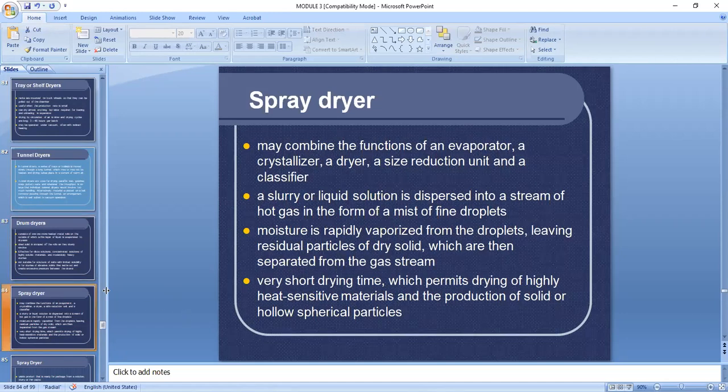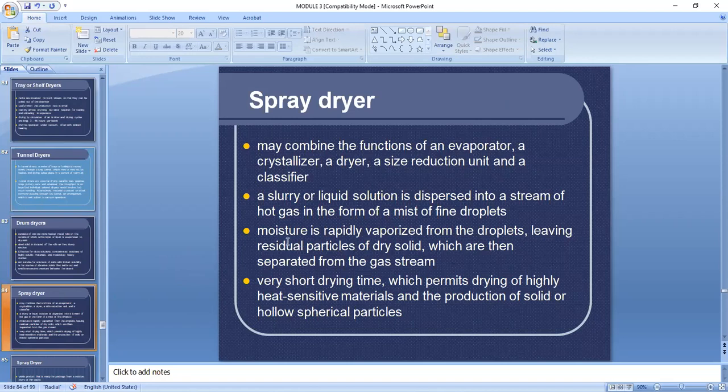Now we go to the spray dryer. So this may combine the function of an evaporator, a crystallizer, a dryer, a size reduction unit, and a classifier, all in one equipment. All of this it can carry out simultaneously. So a slurry or liquid solution is dispersed into a stream of hot gas in the form of a mist of fine droplets.